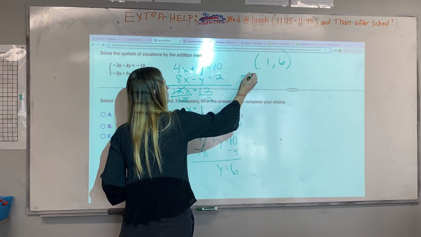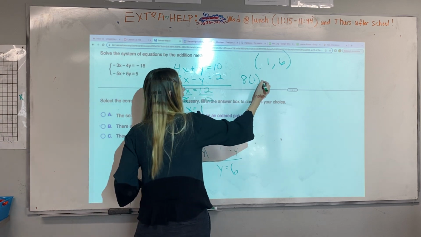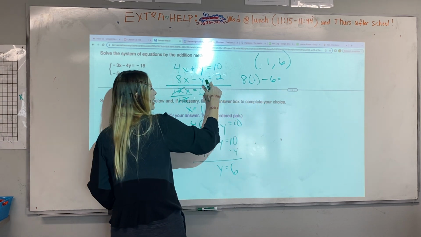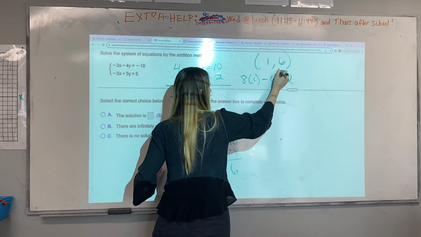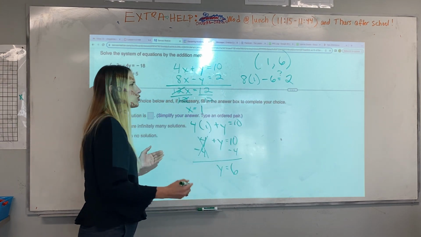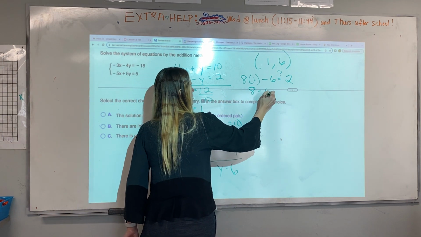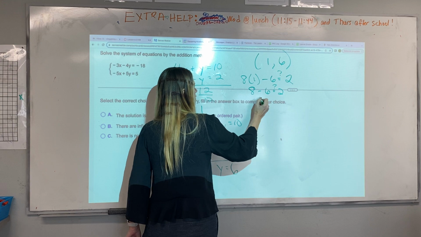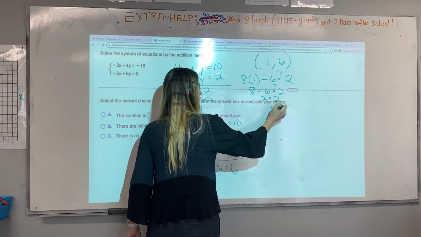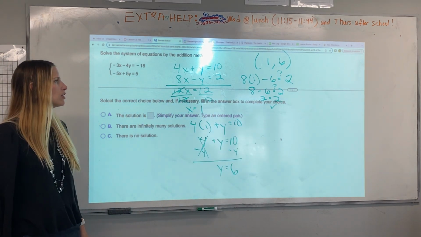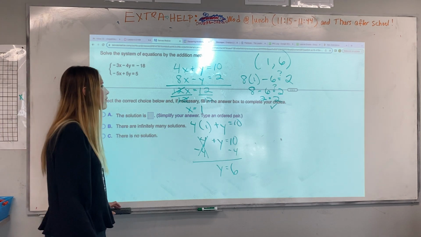So 8x would be 8 times 1, minus y would be minus 6, and that has to equal 2 in order for this to be a true solution. 8 times 1 is 8, minus 6, does that equal 2? 2 equals 2, and that checks out, so that solution is correct.